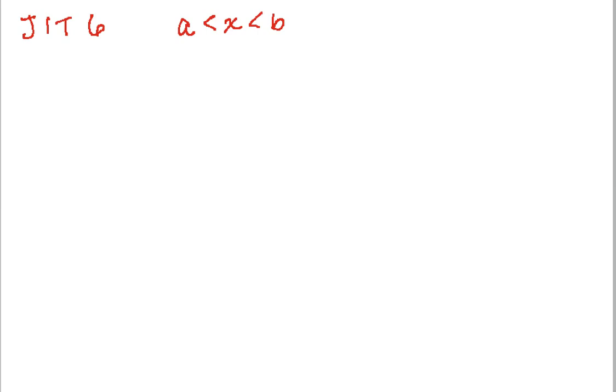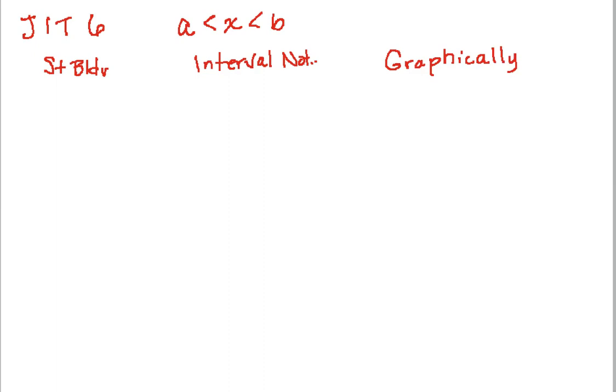We can write this with set builder notation, interval notation, and then graphically, and there are two different ways. It's very similar when graphing, but I want to make sure we're clear on how that can happen. Normally the set builder and the first graph go together, and then the interval notation and the second graph go together.